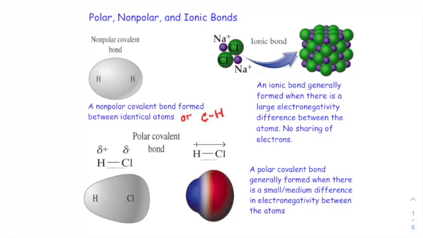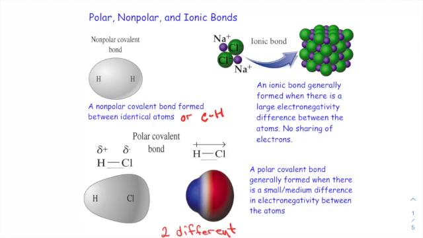If there is a small difference in electronegativity, so basically two different nonmetals, those are going to be polar covalent, with the exception of C-H.